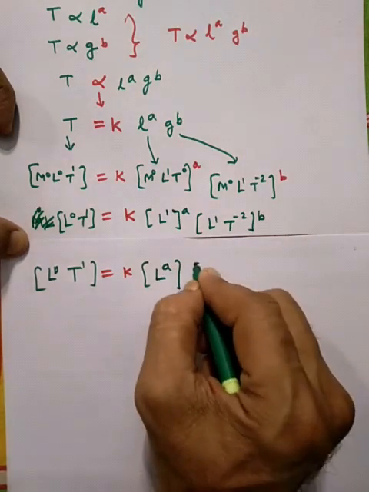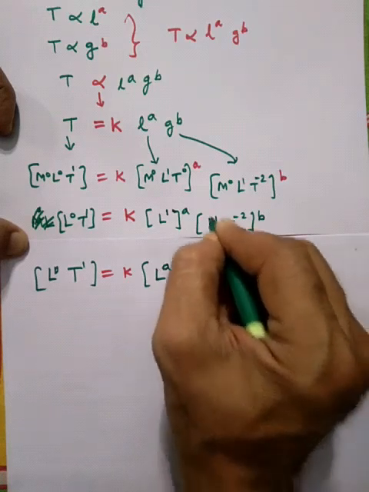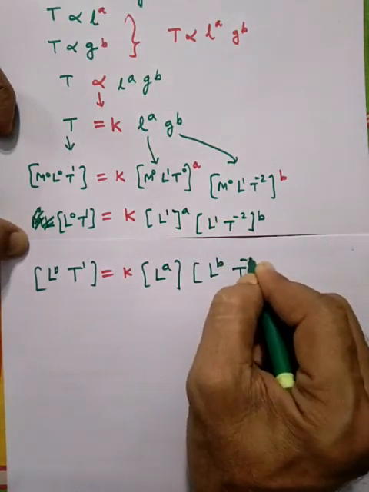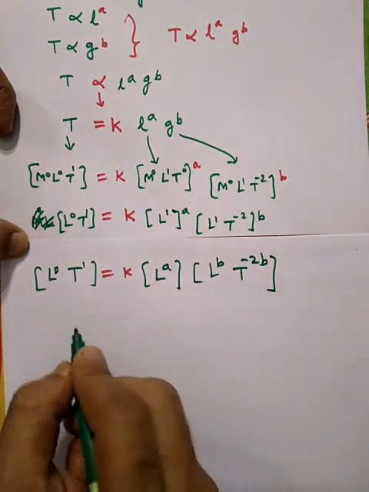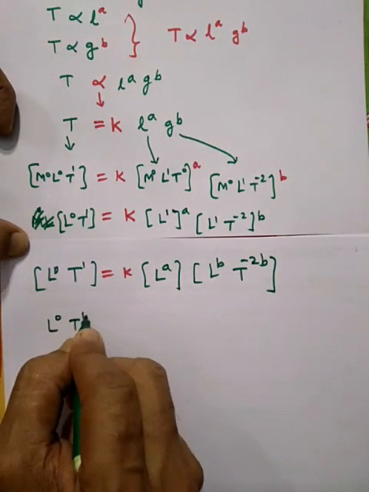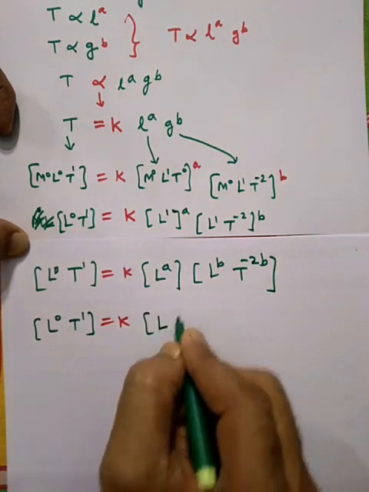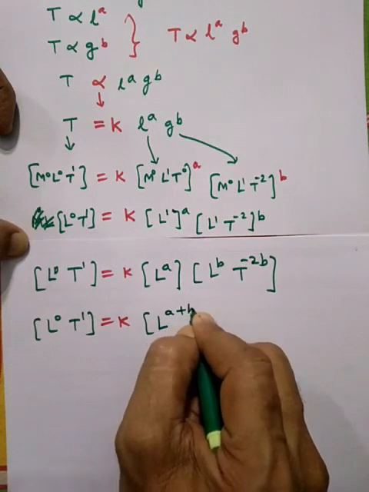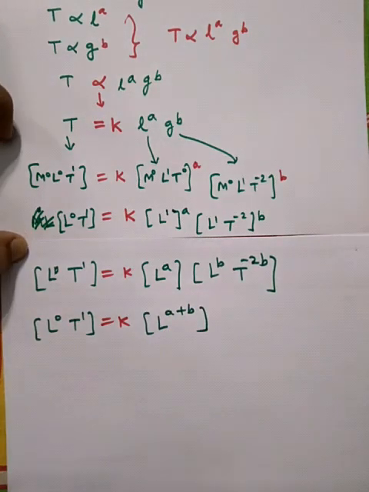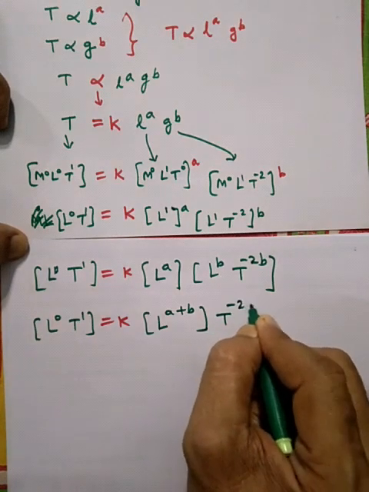L raised to power 1 into b, T raised to power minus 2 into b. Combining this, L0 T1 as it is on the left hand side equal to k as it is, L raised to power a plus b, combining the powers of both L together, and T raised to power minus 2b.